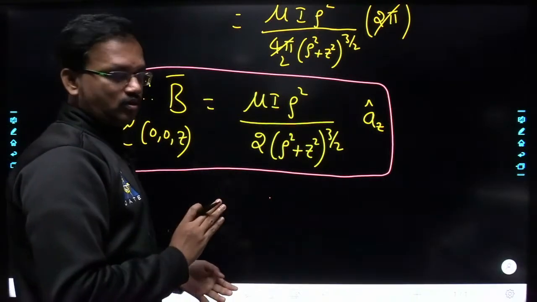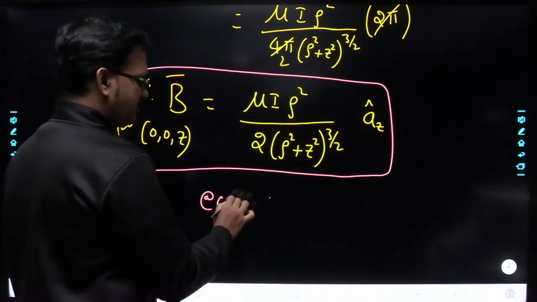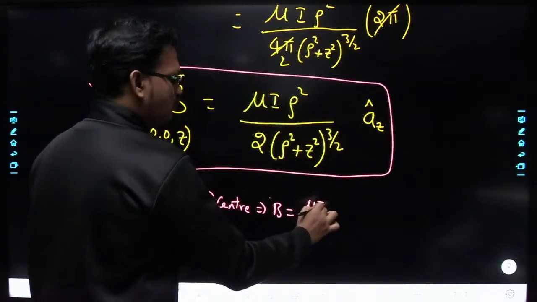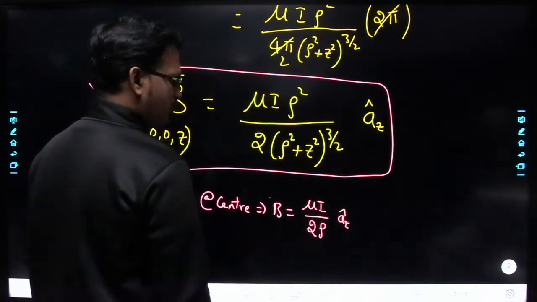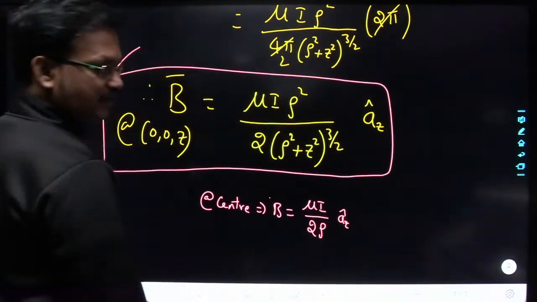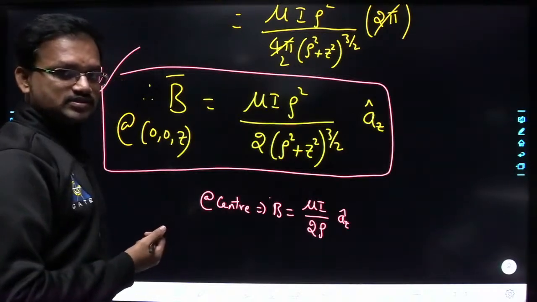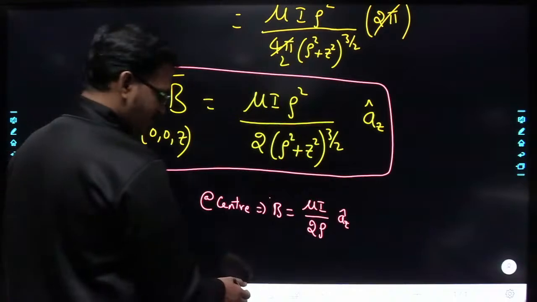So at the center, B field is equal to mu I by 2 rho AZ cap. Understood? So we got the same expression at the center of the circular loop.